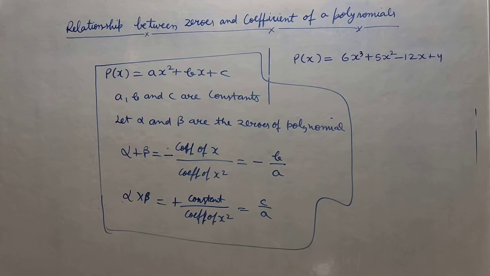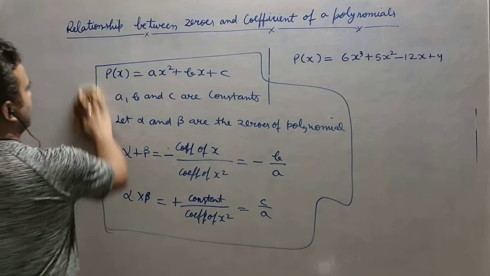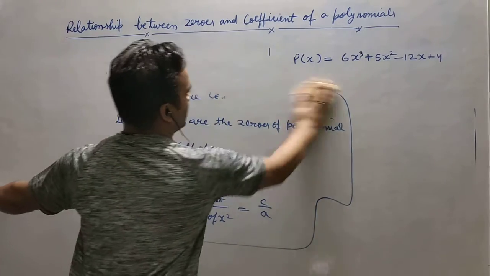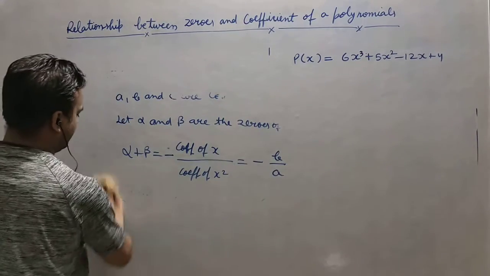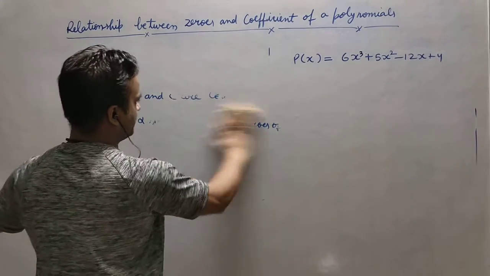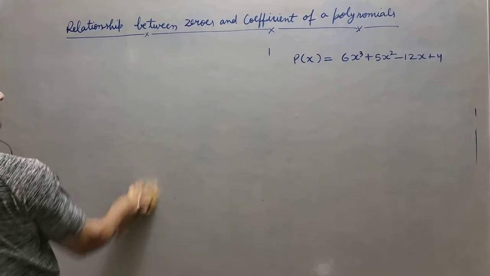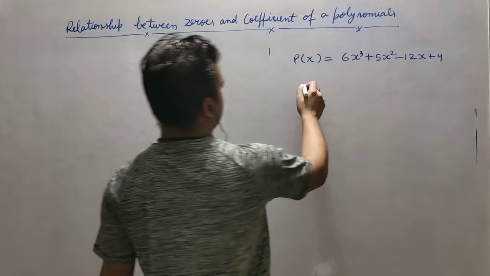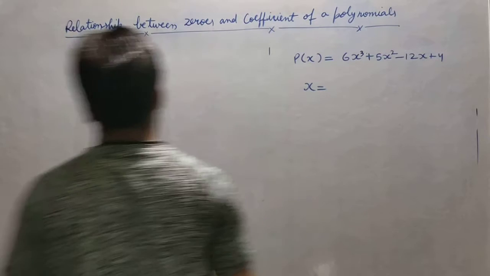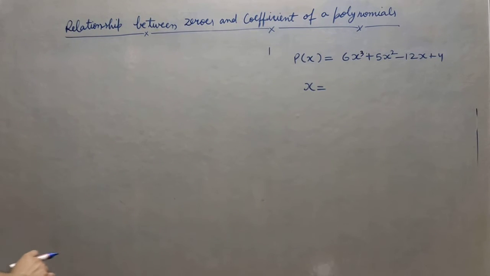Now what is a cubic polynomial? Cubic polynomial means there are three factors, means three zeros, right? So in this particular question, I am writing the factors directly. You know how to divide it. First of all, we will do hit and trial, then by hit and trial, we will divide.